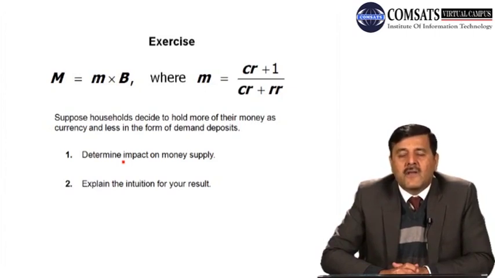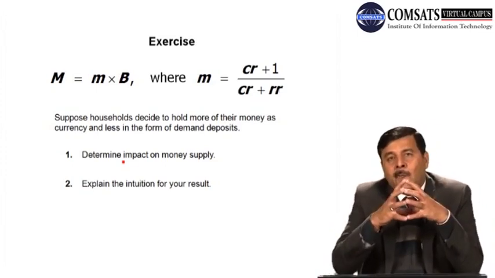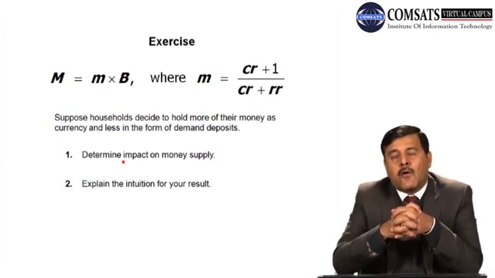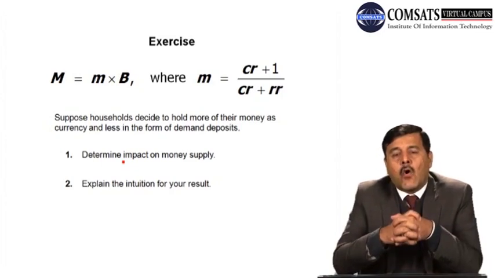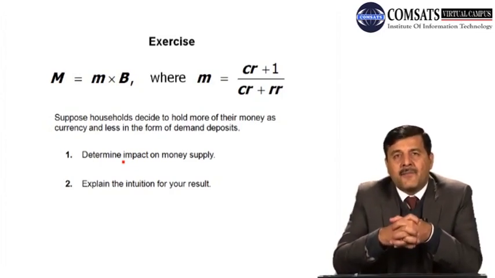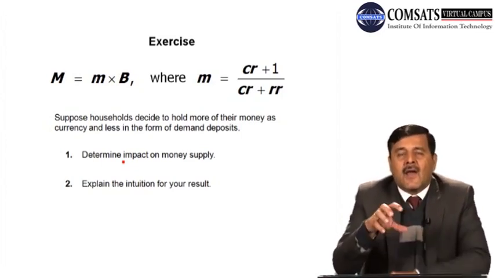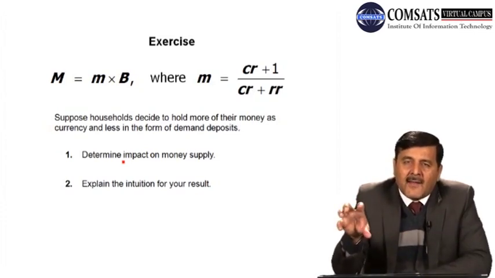Suppose households decide to hold more of their money as currency and less in the form of demand deposits. तो हम suppose करते हैं, assume कर रहे हैं इस exercise में, कि if the household decides to hold more of their money as currency with themselves and less in the form of demand deposits, कि वो कम money बैंक में जमा कराते हैं और ज़्यादा पैसा अपने पास hold करते हैं. This is what we are supposing.